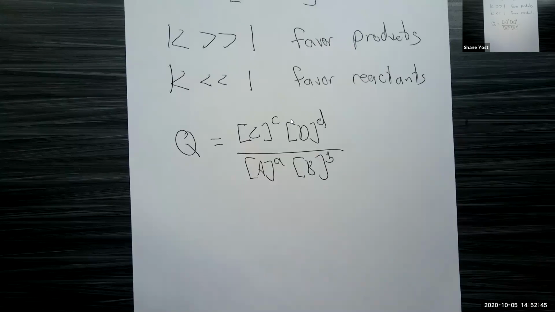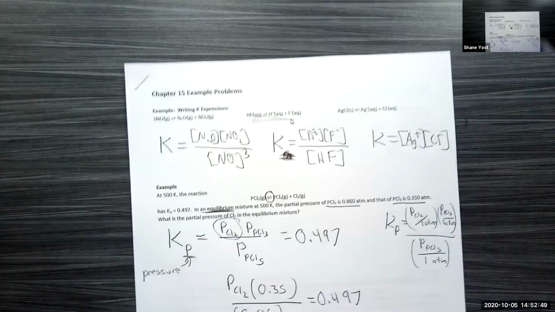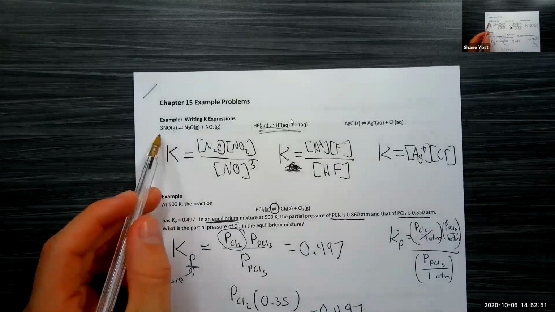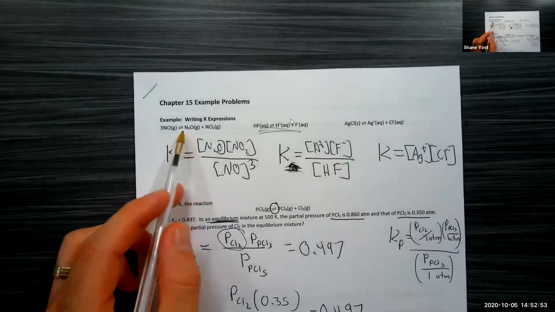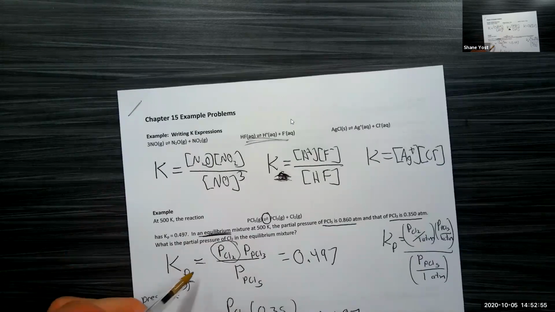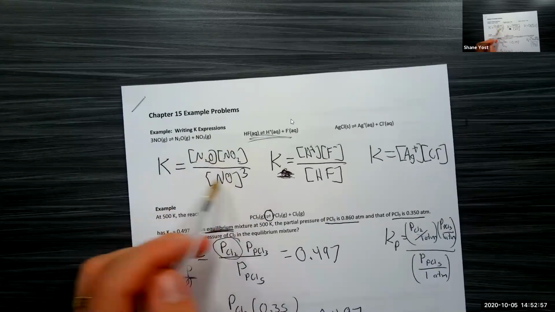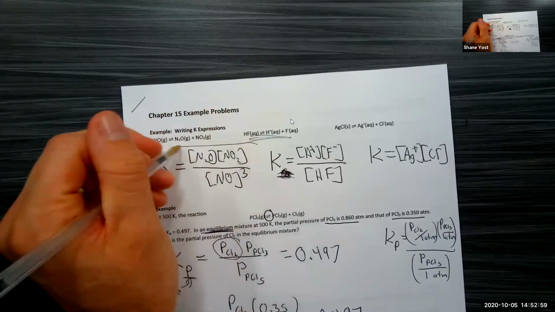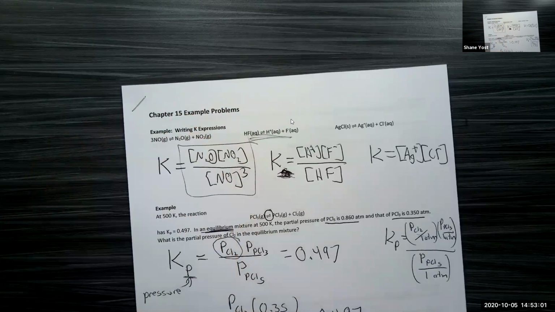In our example, 3NO going to N2O plus NO2, the reaction quotient Q has the exact same expression as my equilibrium constant.